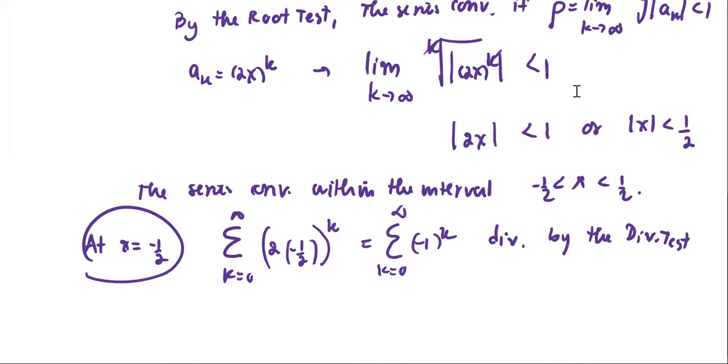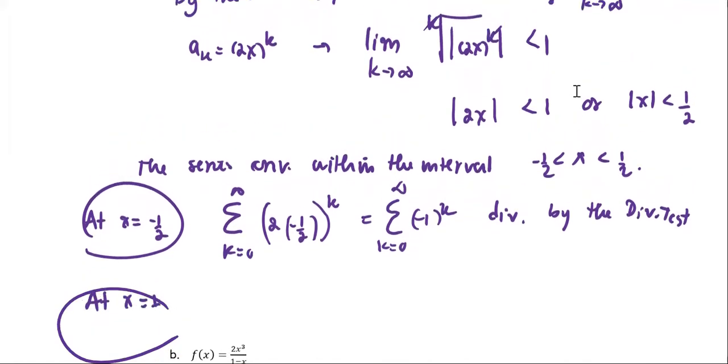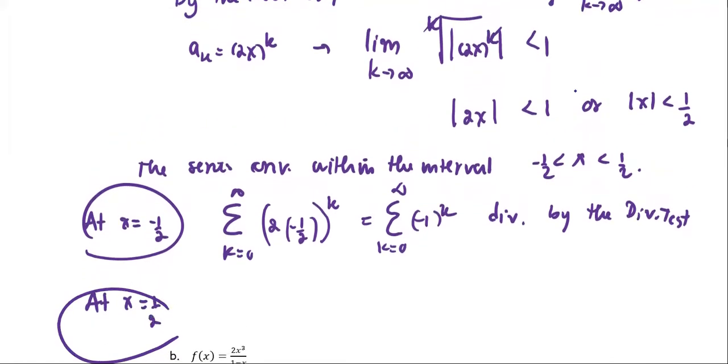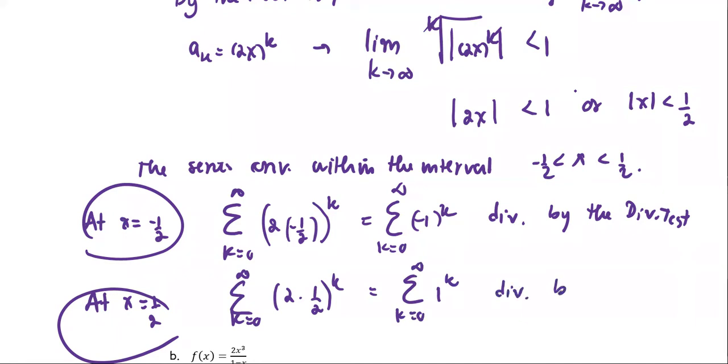And also we're going to check the other end, at x equals 1 half. Then the series becomes the summation k from 0 to infinity of 2 multiplied by 1 half to the power k, or the summation of 1 to the power k from 0 to infinity. This series also diverges by the same divergence test, because the limit of a_k is not 0 as k approaches infinity.